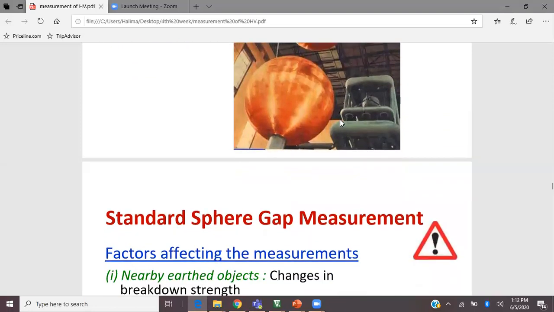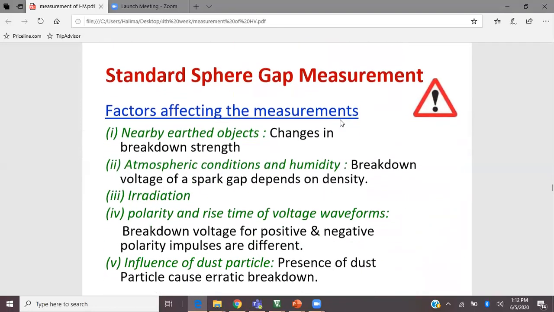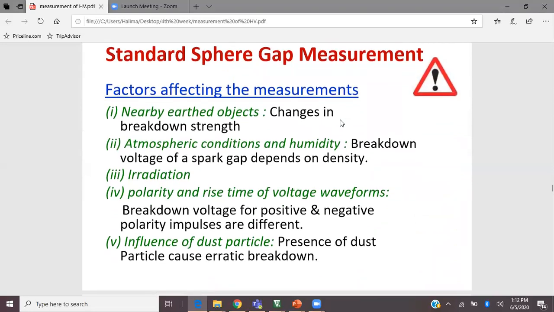So now there will be different factors which will affect the measurement. For example, there can be some nearby earthed objects which can change the breakdown strength. There can be atmospheric conditions and humidity. Breakdown voltage of a spark gap depends upon the density as well. There can be some irradiation problem as well.